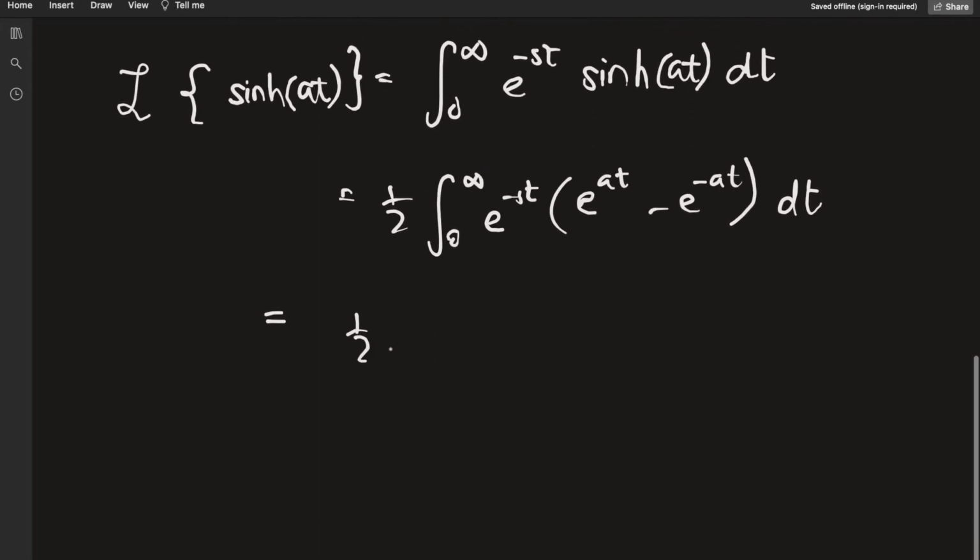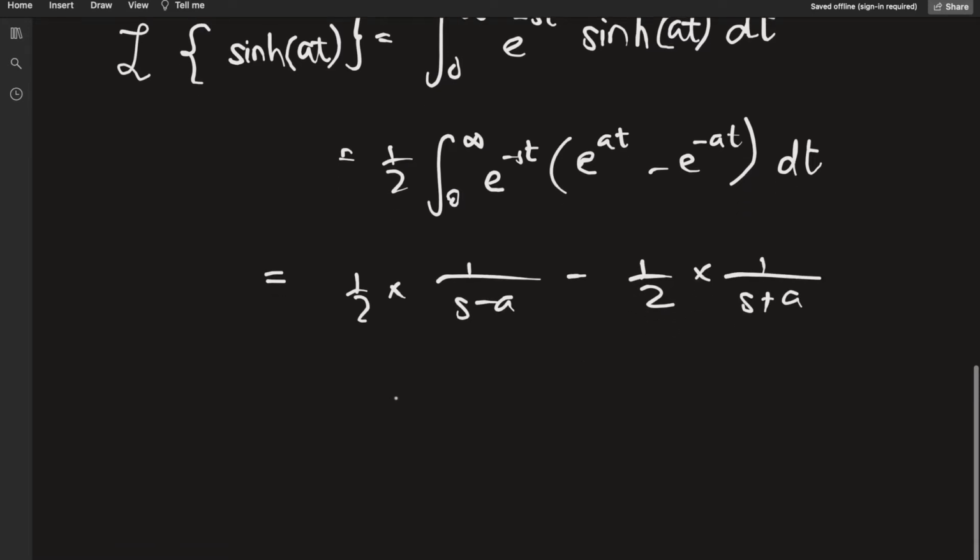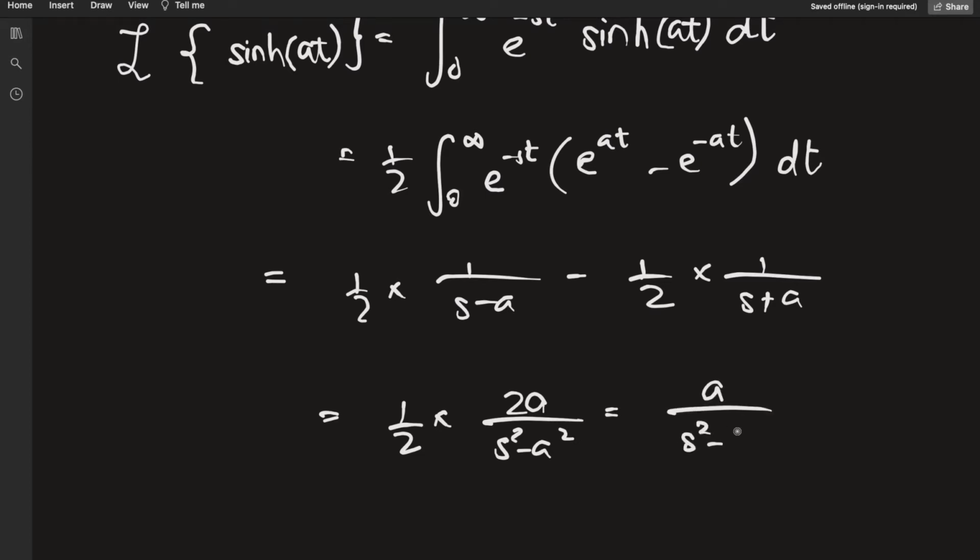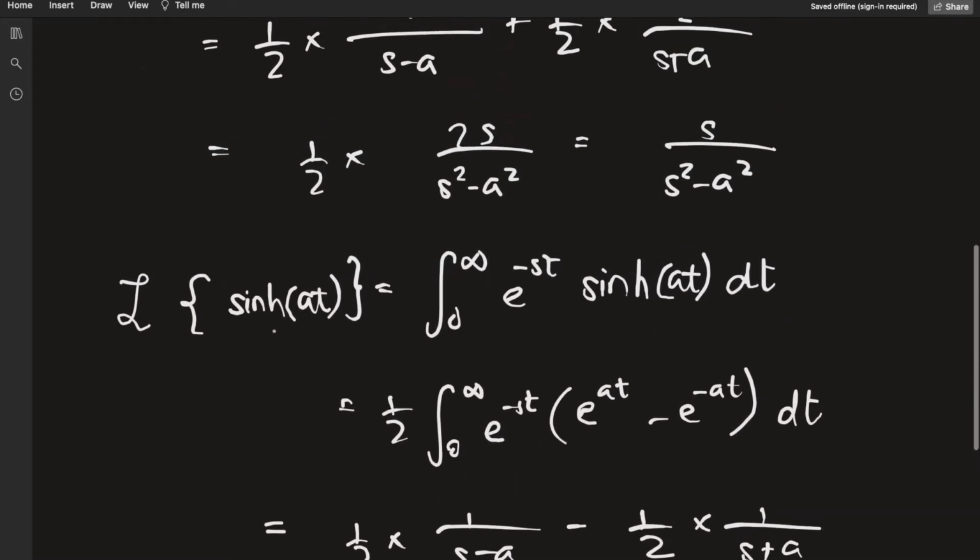So 1/2 1 over s minus a minus 1/2 1 over s plus a. So if we just evaluate everything, we are left with a over s squared minus a squared. That's the Laplace transform of Sinh of at.